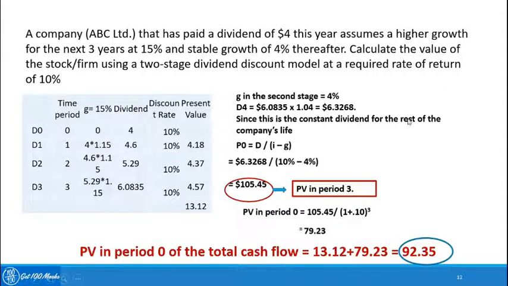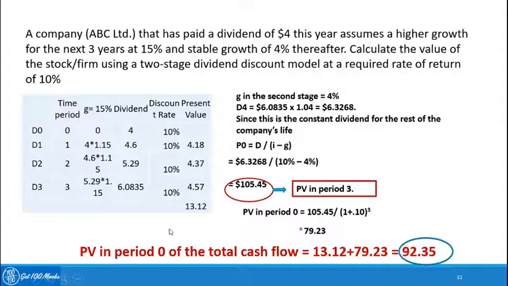Now, you have to calculate the value of the stock using a two-stage dividend discount model when, after 3 years, the dividend grows at 4%. If you see in the question, for the first 3 years, dividend grows at a rate of 15%. After 3 years, dividend grows at a rate of 4% forever.